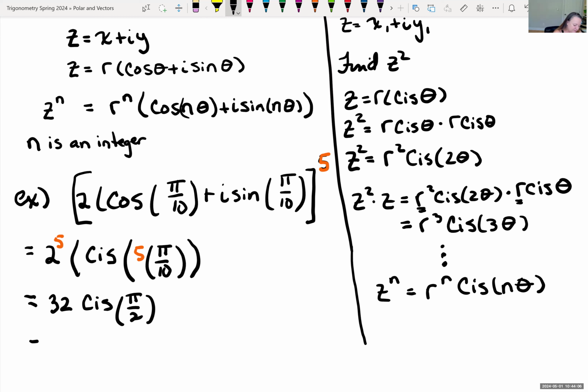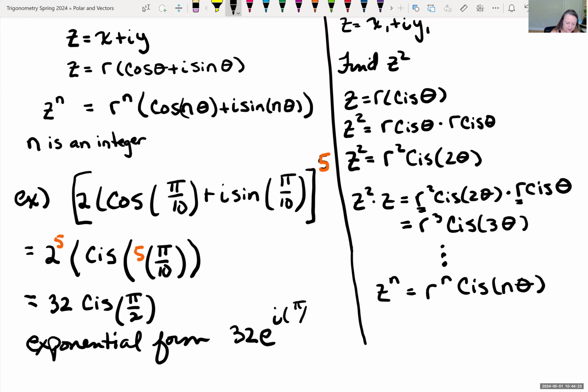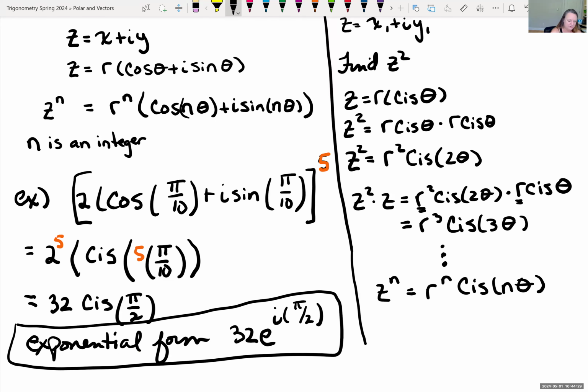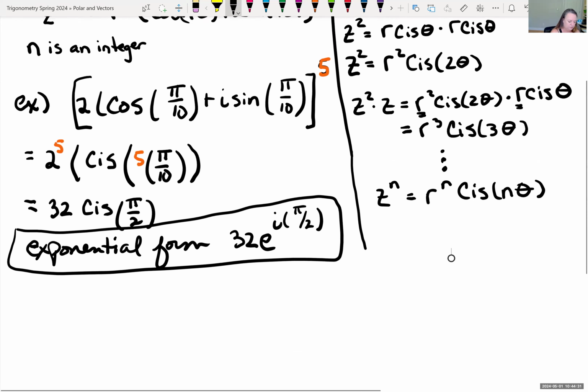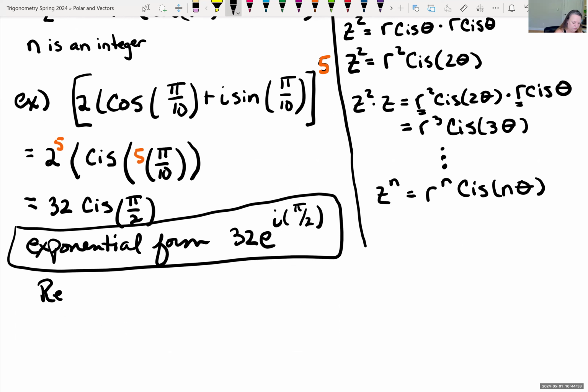In exponential form, this is going to be 32 e to the i times our angle, which is pi halves. And then in rectangular form, let's first rewrite this out.